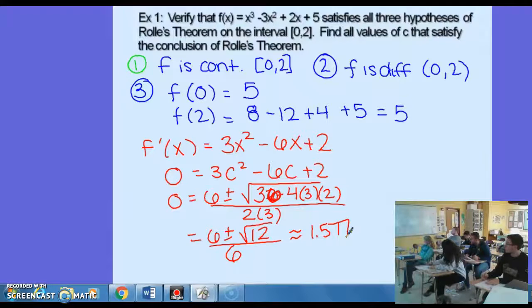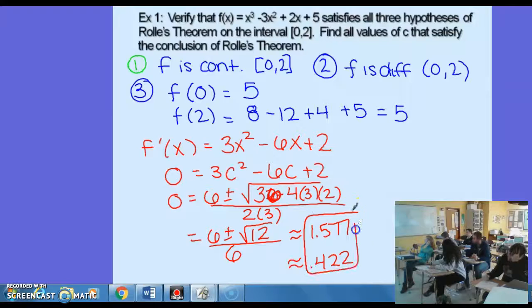And then do 6 minus the square root of 12 all over 6. So are both of those in my closed interval? Yes. So these two values, or this very unestimated value, are the points c that satisfy f prime of c equals 0 and are the critical points of this problem.